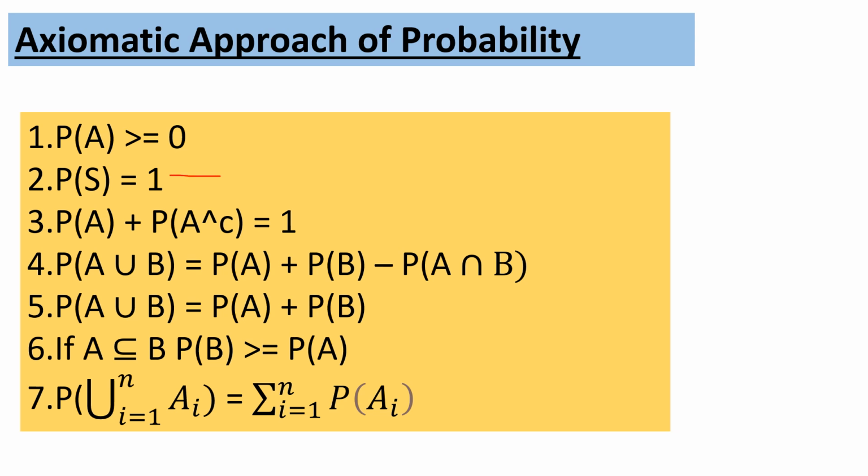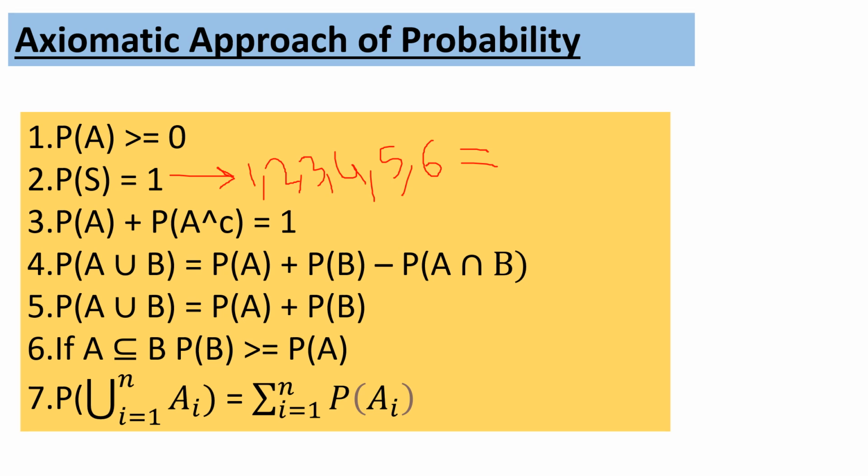For example, when you roll a die, the outcomes are 1, 2, 3, 4, 5 and 6, right? These are the outcomes. This is the sample space. The total outcomes are nothing but the sample space.